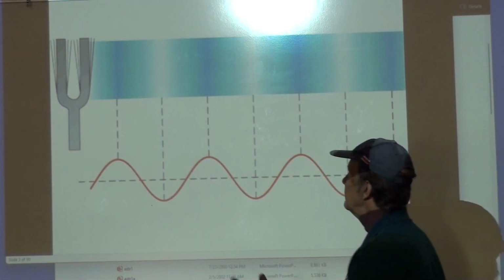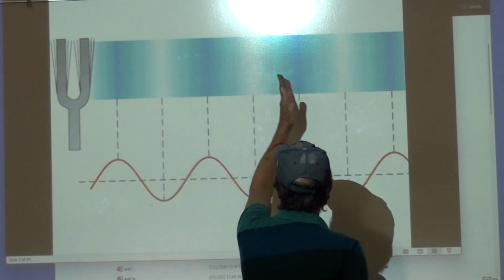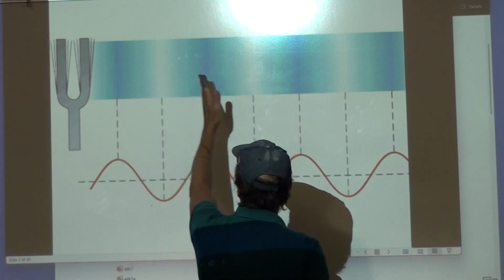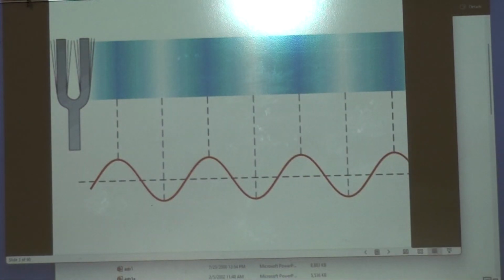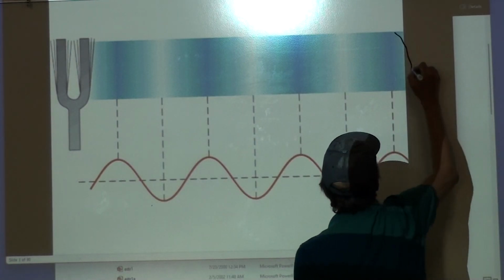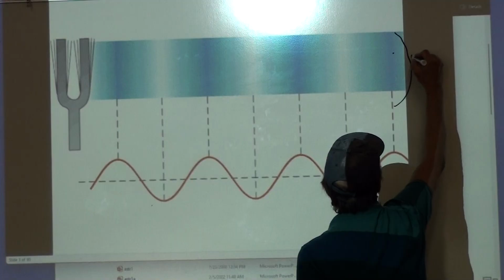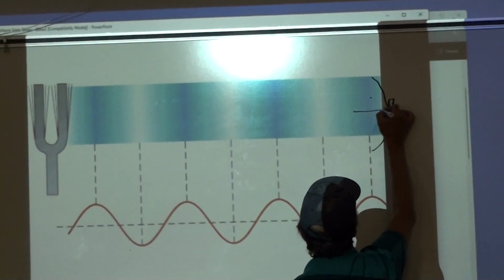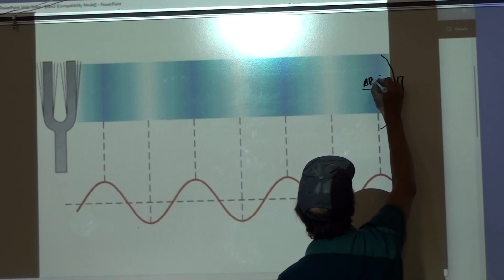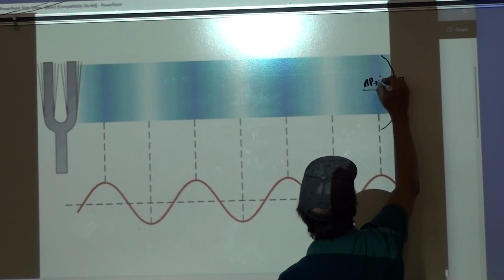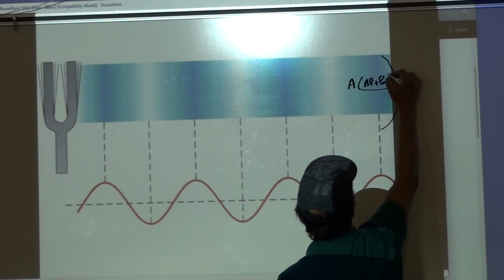That sound wave sends off a series of compression and rarefactions of the air in the room. And then those eventually get to your ear, and then your ear, if it is a maximum compression, will experience a larger force, which will be delta P plus P atmosphere times the area.